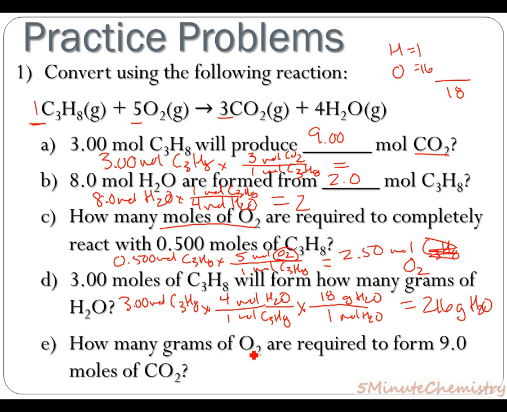How many grams of O2 are going to be required to form 9 moles of CO2? So we're doing the same thing now, combining concepts. 9.0 moles CO2. We'd like to cancel moles of CO2, and the end goal is grams of oxygen. But first we must get into moles of oxygen with our mole ratio.